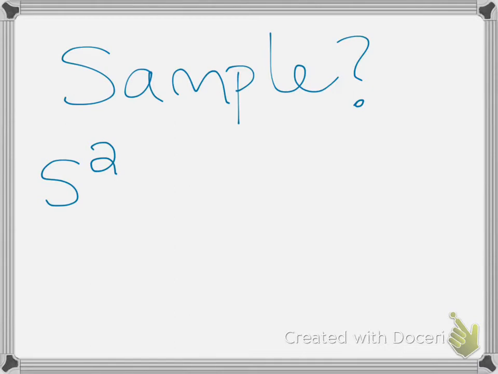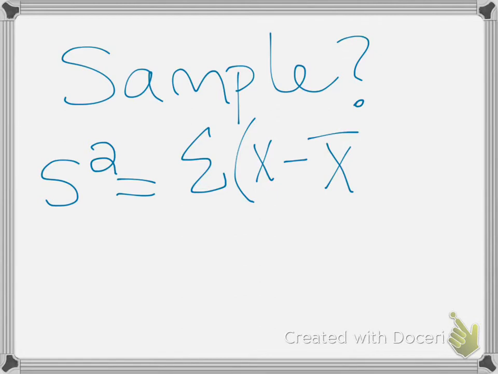So now it's s squared for the variance of a sample. It's still going to be the sum of all the observations. We're still subtracting the mean, but we call it x bar when it's the mean of the sample, and we're still going to square it. What's changing here is the denominator. It's going to be n minus 1.